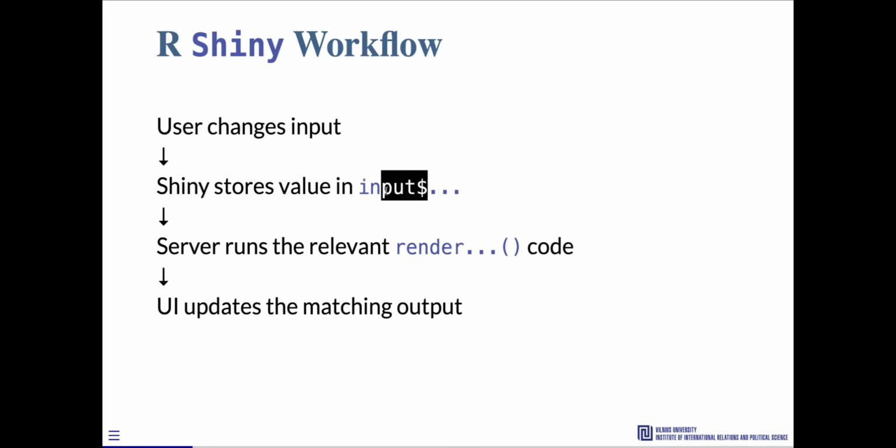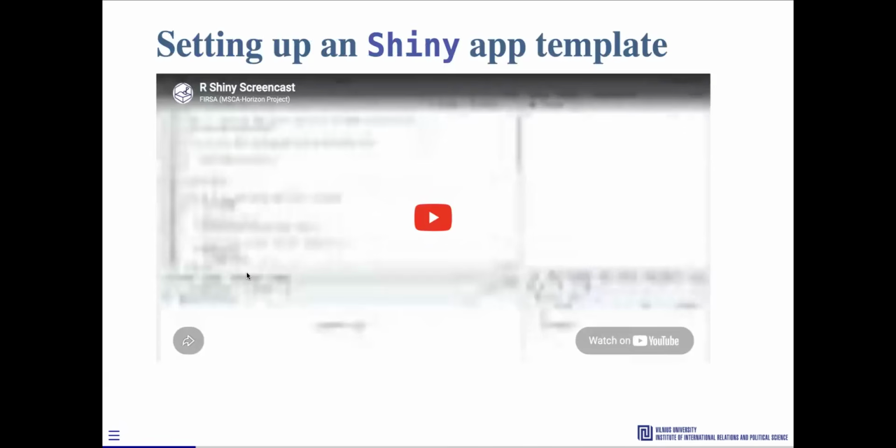So here we store your inputs or your parameters, and with the render functions, in an object called output, we are going to store the results of that manipulation. And this gets fed back into the UI. So it's a loop that begins with the UI, goes to the server, and then goes back to the UI, like any other web app.